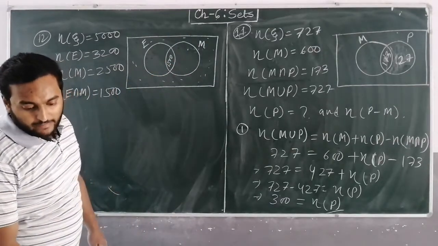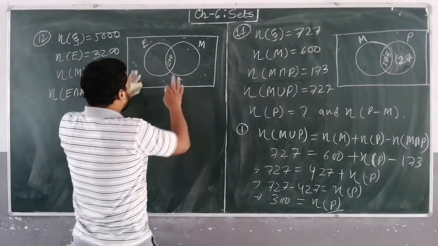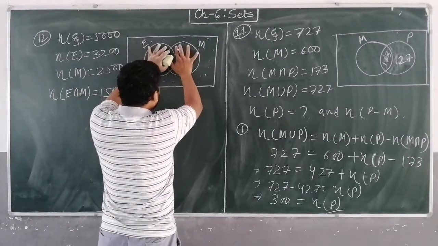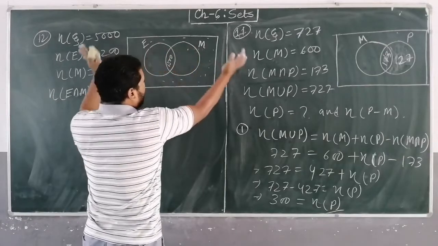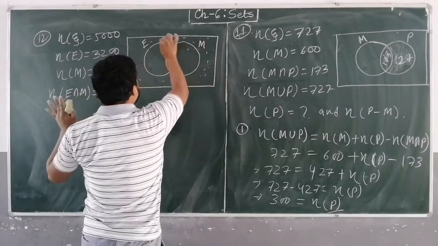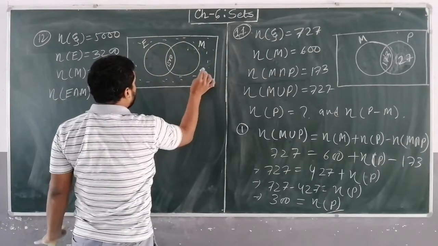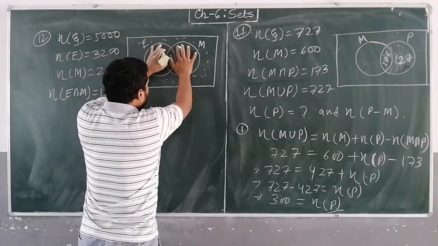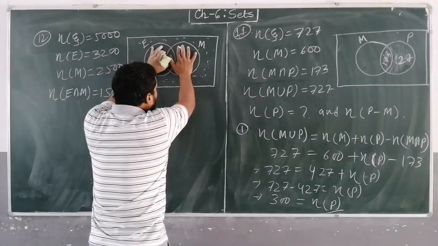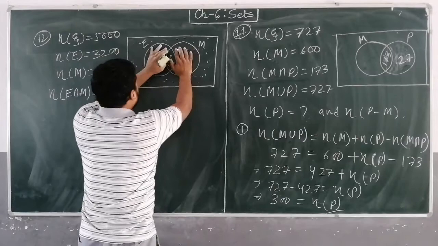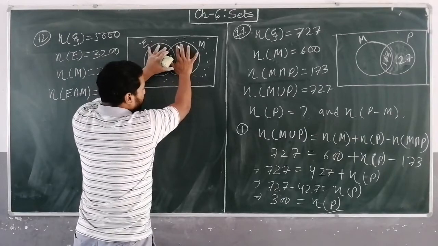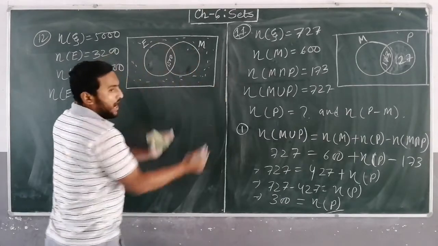Now what you have to find: how many are pure vegetarian? Pure vegetarian means except these two circles, the outer portion, this part. It means you have to find the cardinality of E union M complement. E union M is this total part, and complement means the outer part.